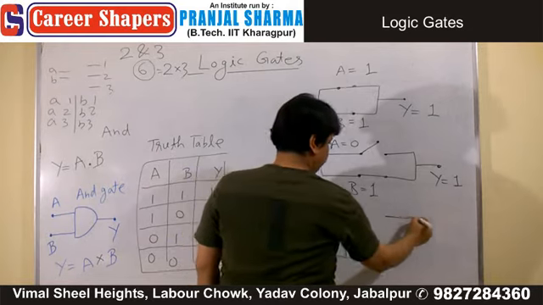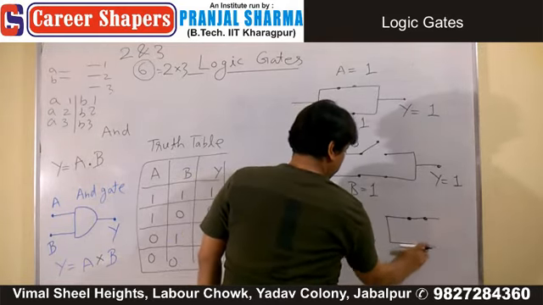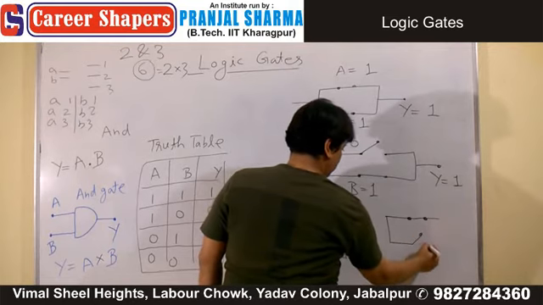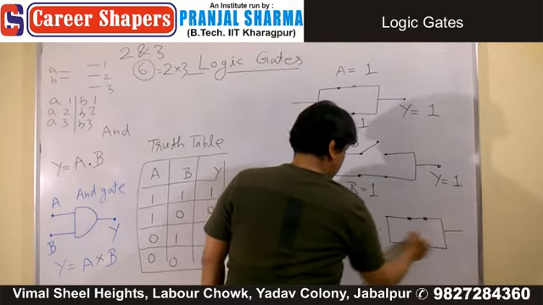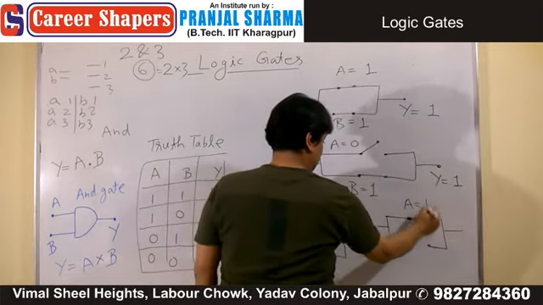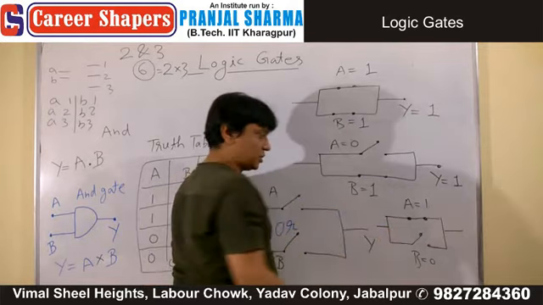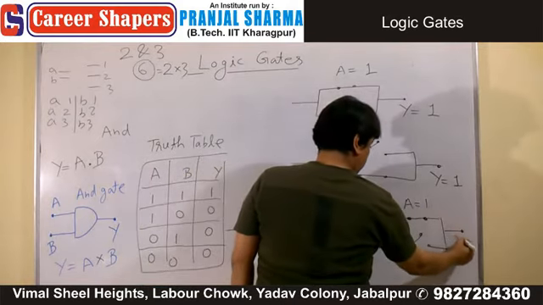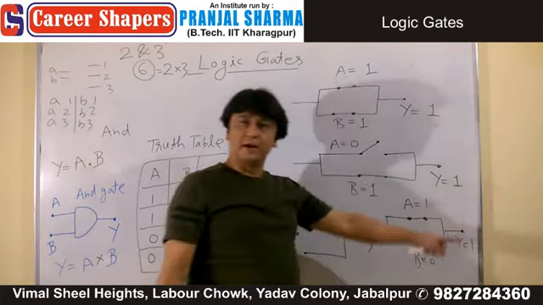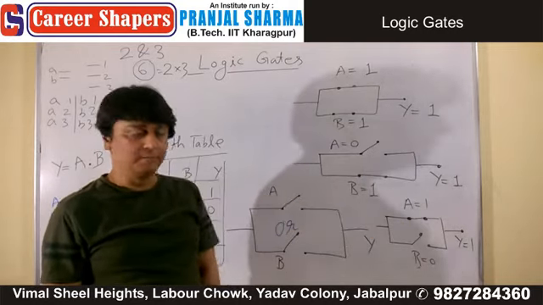Similarly, if current flows in this path, but it doesn't flow through B, a circuit like this where A is 1 and B is 0, then again you know that you will expect a current that will give you what? Y equals 1.